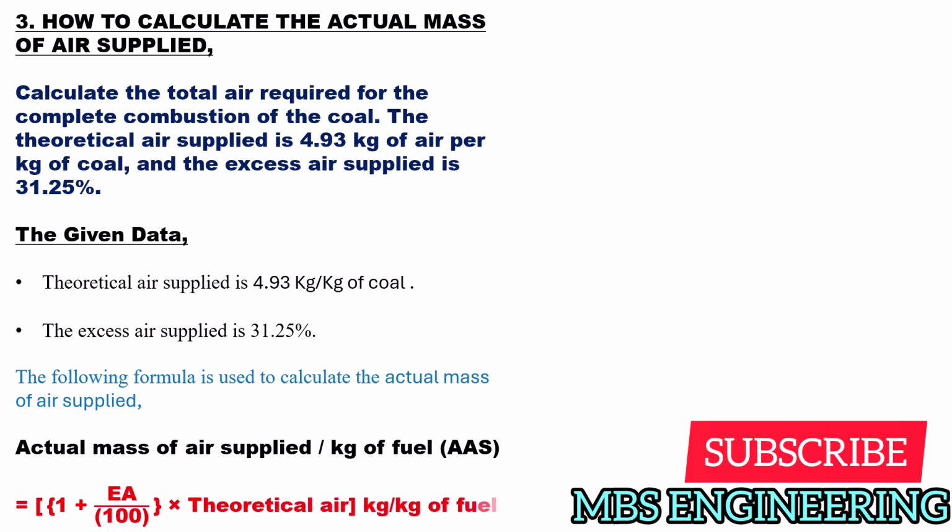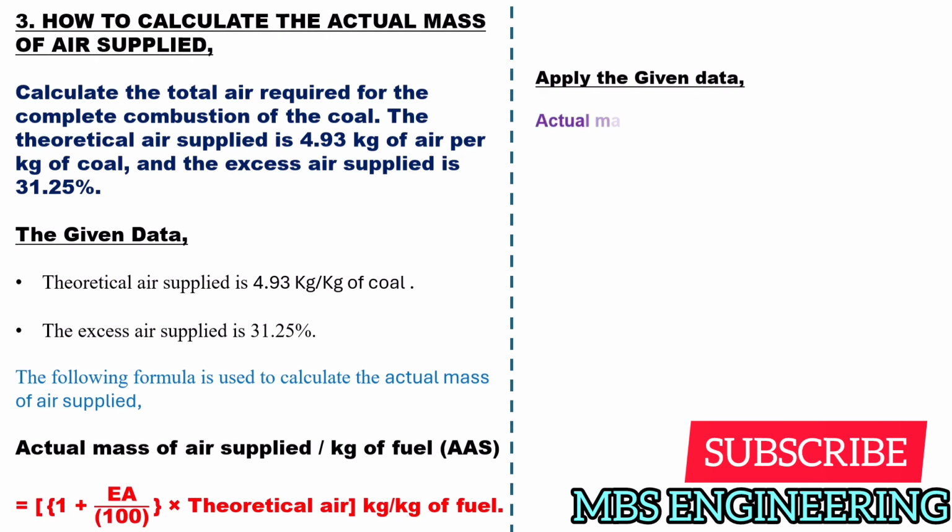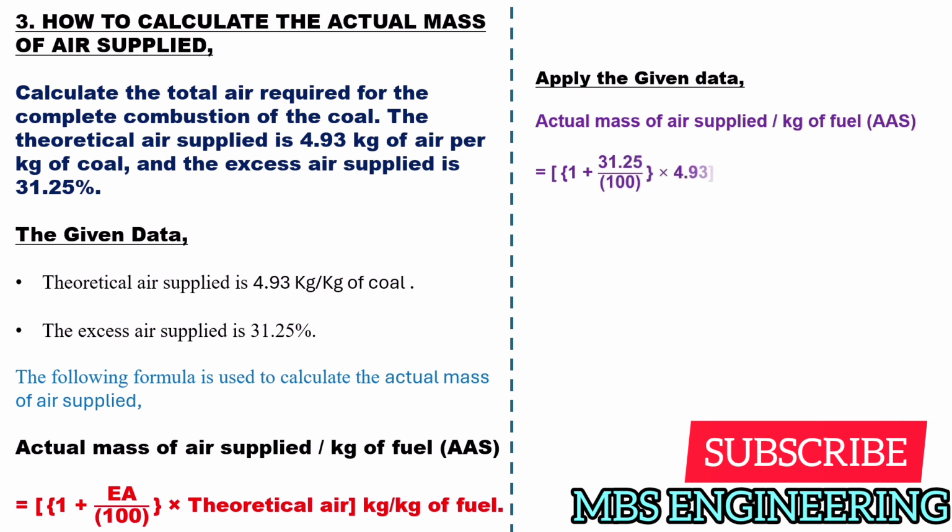Its units are measured in kilograms per kilogram of coal. Apply the given data. Actual mass of air supplied per kilogram of coal, AAS, is equal to 1 plus 31.25 divided by 100, and then the obtained value is multiplied by 4.93. Its units are measured in kilograms per kilogram of coal.